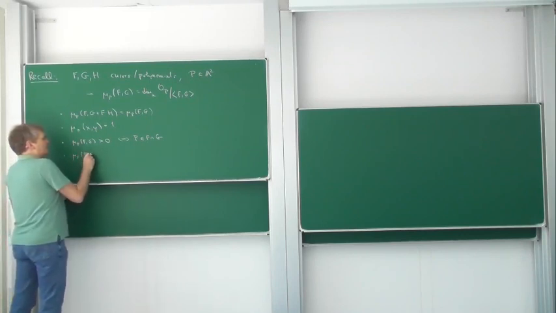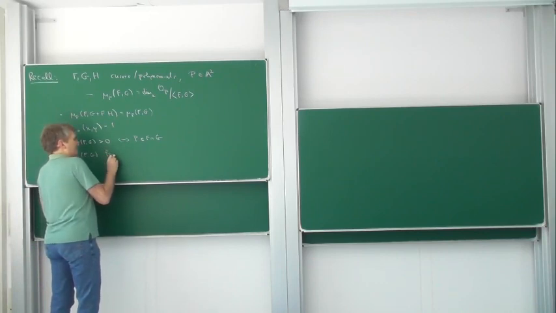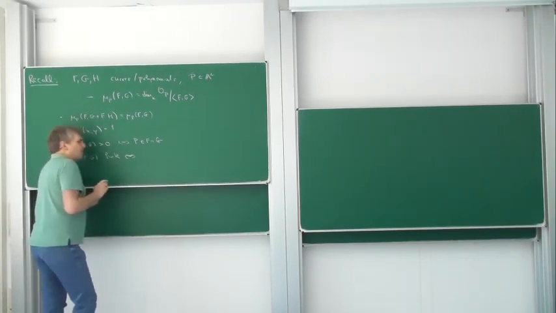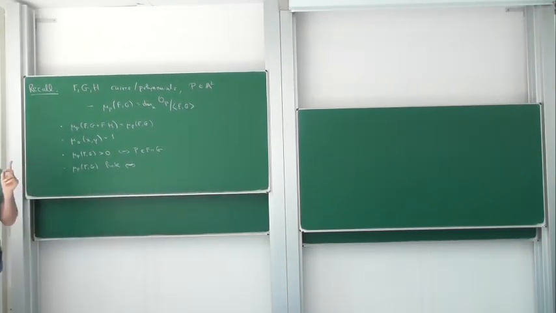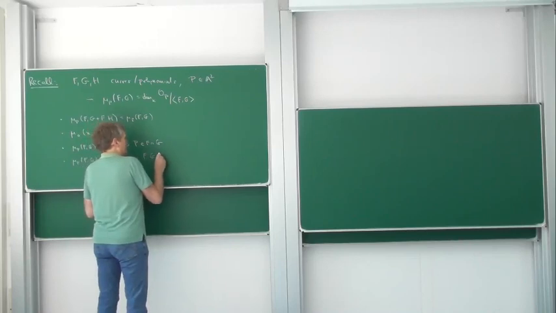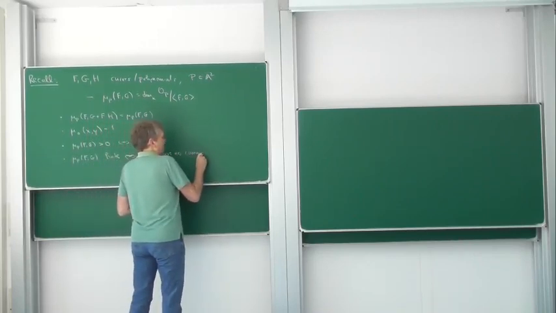We also saw that mu p of fg is finite if and only if f and g have no common component through p.